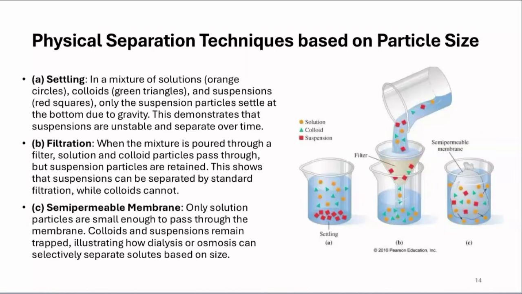Next, if we use a filtration method in order to separate a mixture, understand that when this substance, which could be a solution, a colloid, or a suspension, is passed through a filter, solutions and colloid particles pass through the filtration system, and they're going to be found at the other end of the container.